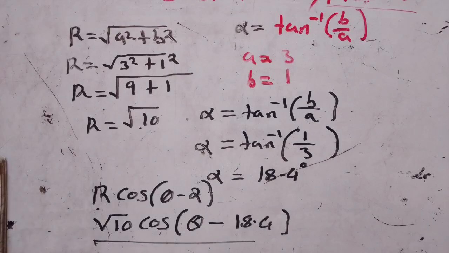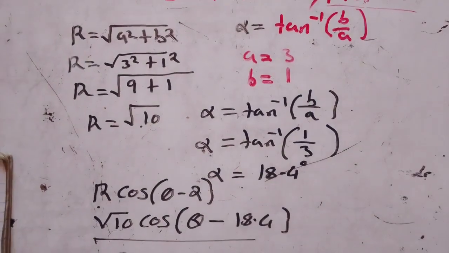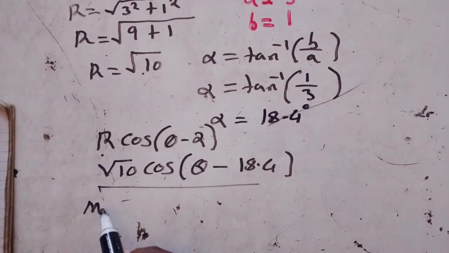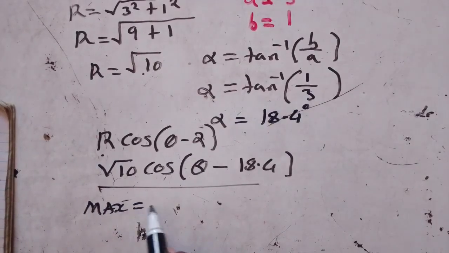In another question that you find, they will tell you to express in this form in part A, then in part B they ask you to find the maximum value. Finding the maximum value is simple. The maximum value is equal to r.